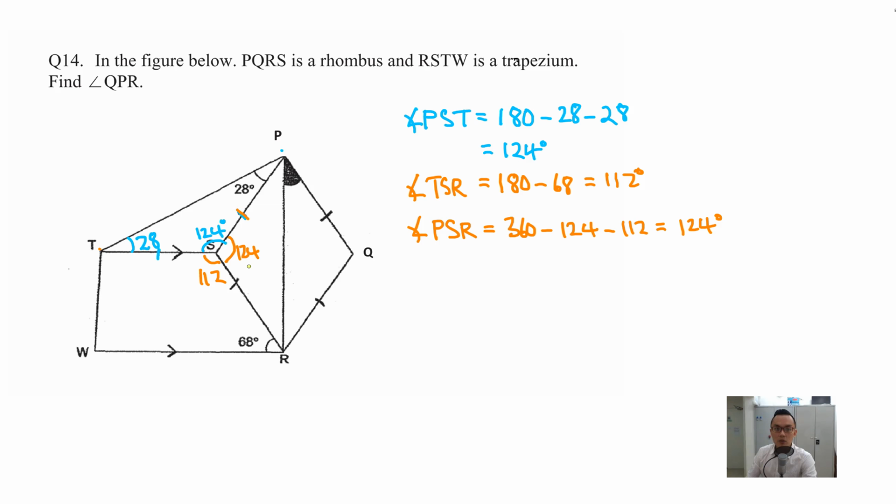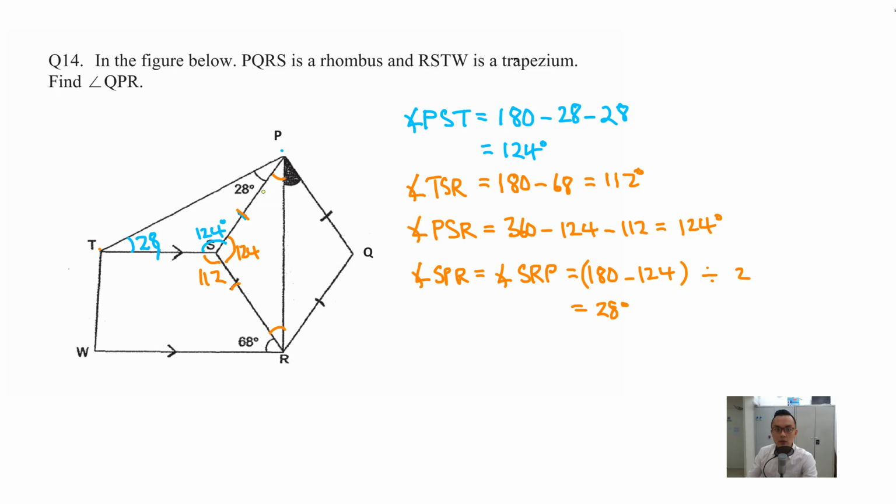And because these two are the same, I want to find these two angles, angle SPR, which equals angle SRP, equals 180 minus 124, the answer divided by 2, equals 28 degrees.